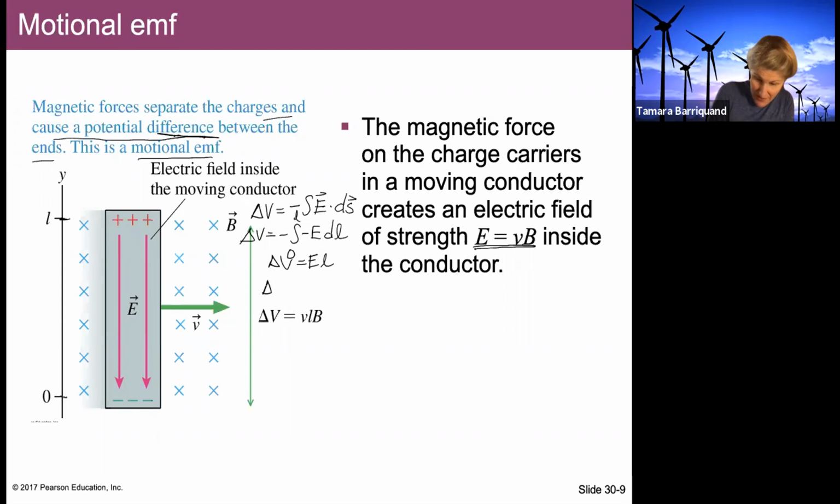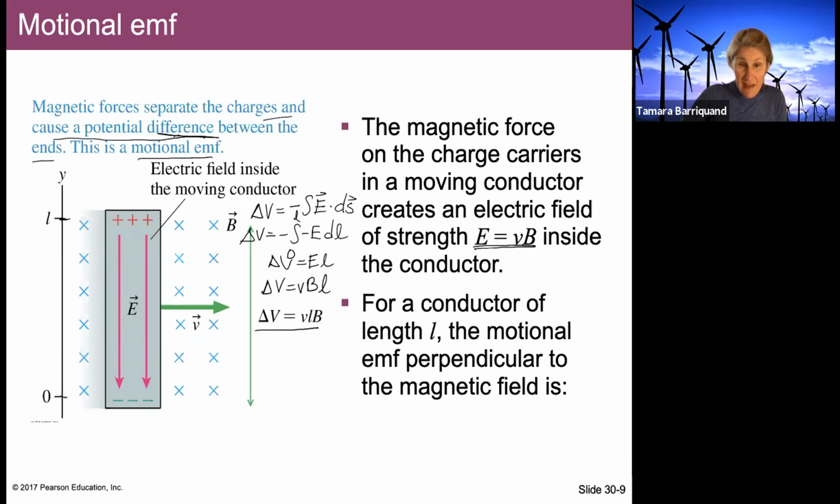So delta V equals VB times L, which I can rewrite as delta V equals VLB. So for a conductor of length L, this is the motional EMF. We're going to call that an EMF. So the motional EMF perpendicular to the magnetic field is VLB.